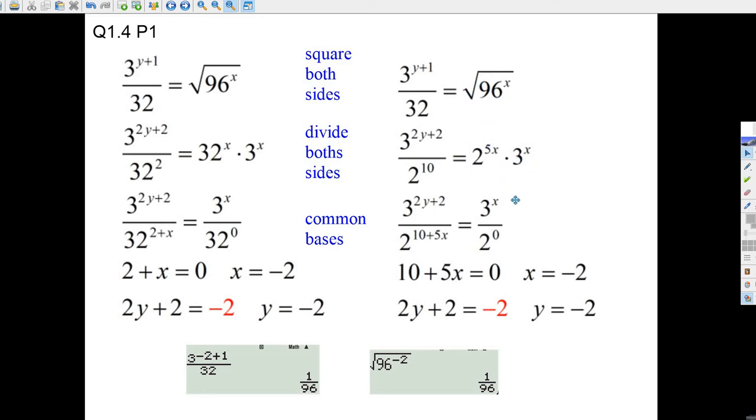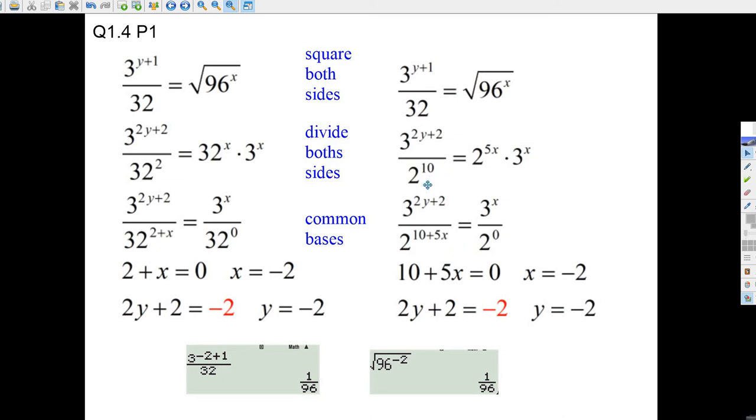Now the whole thing with being able to solve exponential equations is trying to make the bases look the same. So what I'm going to do is divide both sides by 2 to the 5x. Here it'll cancel, and you'll just get 1. But I'm going to write that in the bottom as 2 to the 0, so I can make the bases the same.